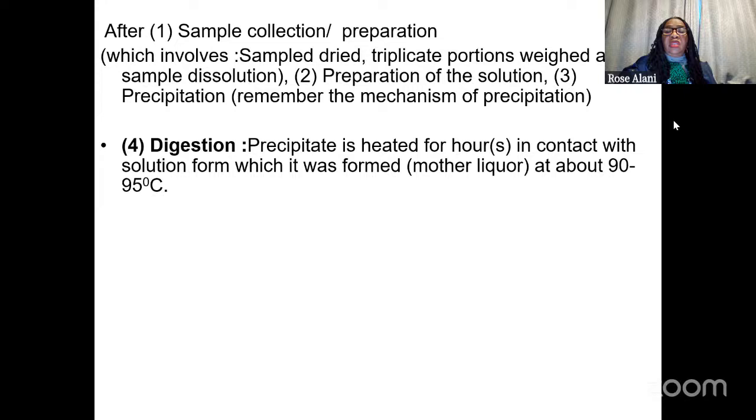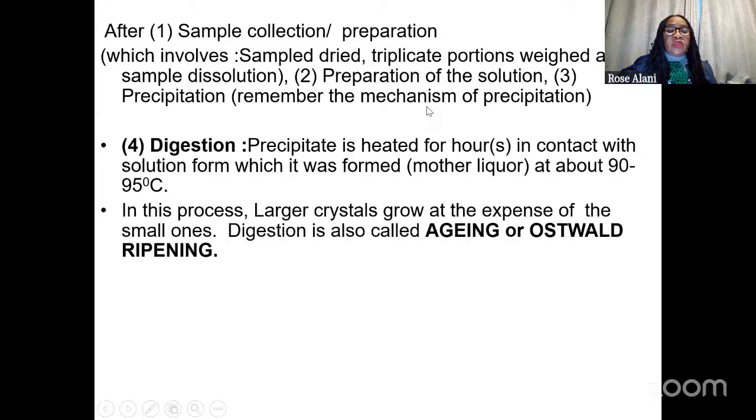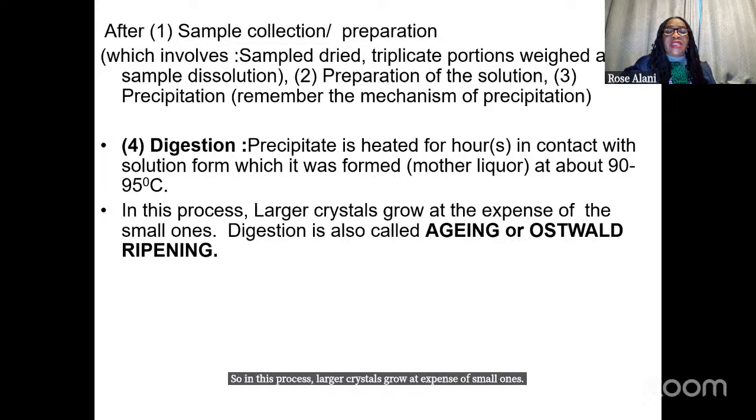The liquid or solution where the precipitate is inside is what is called the mother liquor. In this process, larger crystals grow at the expense of small ones. So digestion is also called aging or Ostwald ripening.